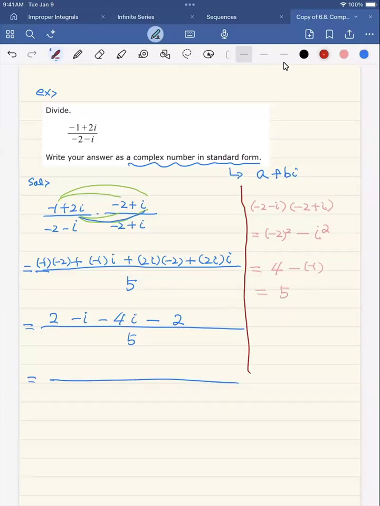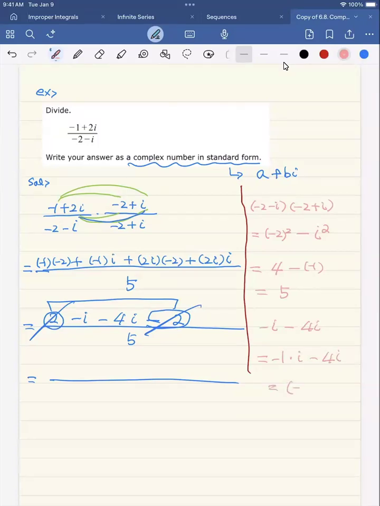So when we add these, we know 2 minus 2 will become 0. So they will cancel each other. And minus i minus 4i is indeed minus 1 times i minus 4i.